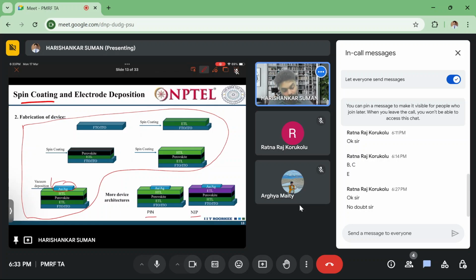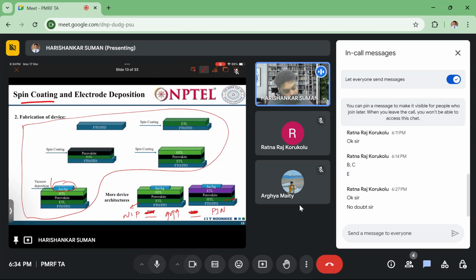PIN means with respect to the light. Sorry, this is NIP, this is PIN.